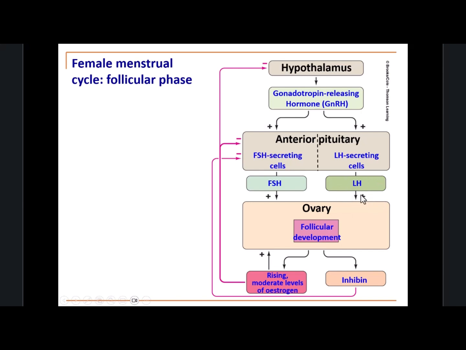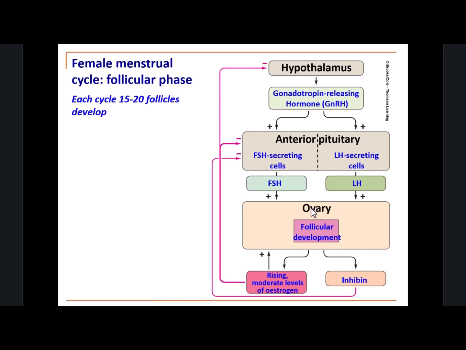So we're just going to focus on FSH, hence from its name, follicle stimulating hormone. That FSH goes through the blood supply to the ovary, and at the ovary it starts to stimulate about 15 to 20 follicles. So we've got lots and lots of follicles developing at this point.